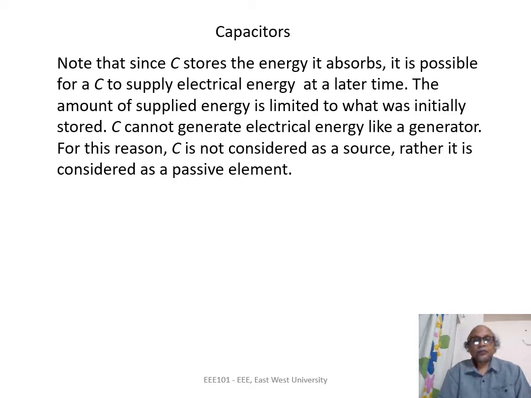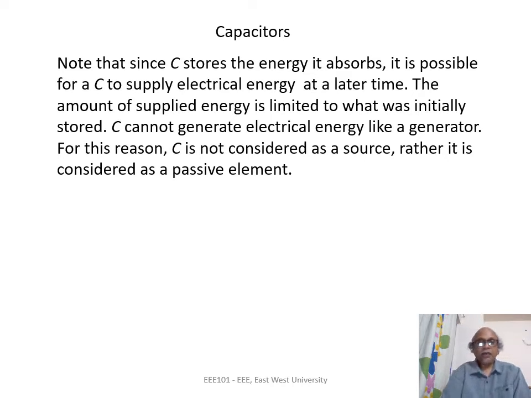We have already mentioned that the capacitance stores the energy it absorbs. And it is possible to extract the stored energy from the capacitance and let the capacitance supply electrical energy at a later time.